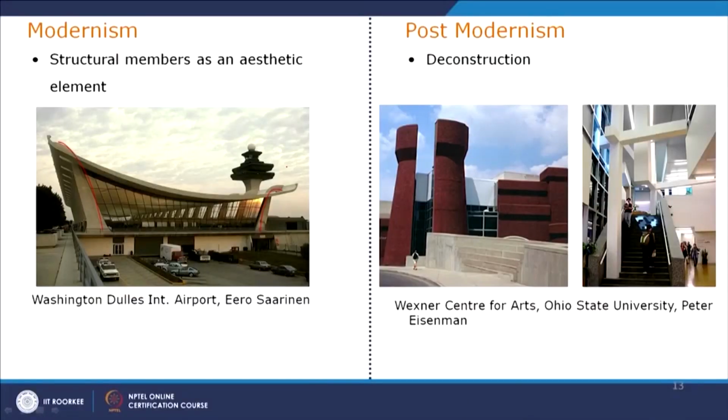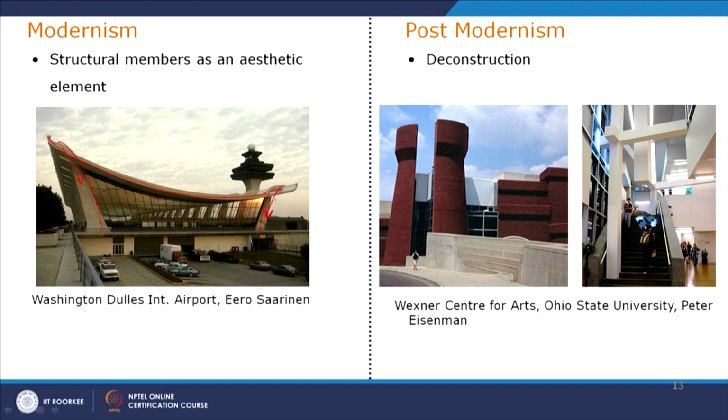We have seen this in other examples like IIT Kanpur's library building by Kanvinde, where the structural elements are visible and from outside you can see how the load is flowing. The same is true of Washington's Dulles Airport by Eero Saarinen, where you can see how the load is flowing from here.